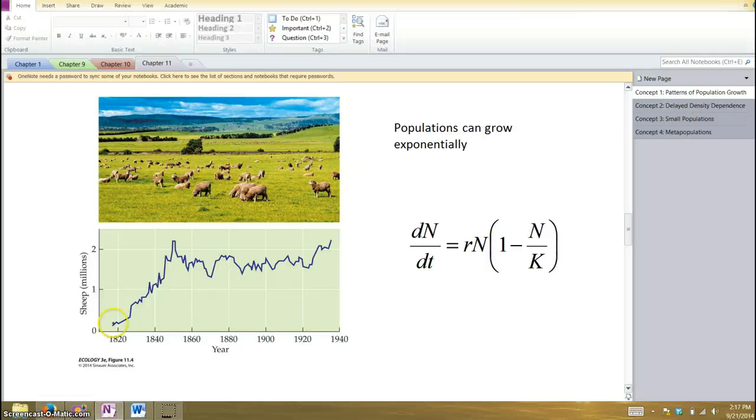And so their population size increased a great deal and then leveled off as basically they were sort of using the resources there to their maximum extent. And the farmers were not able to essentially raise any more sheep. You can see it bounces around, but it kind of hovers around a mean of somewhere under 2 million sheep.